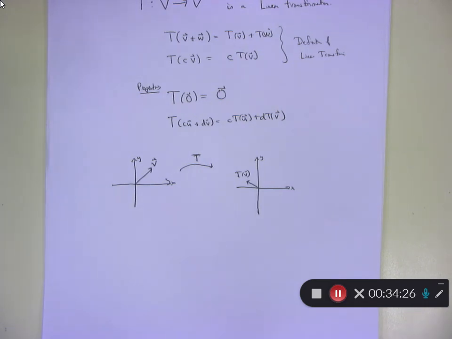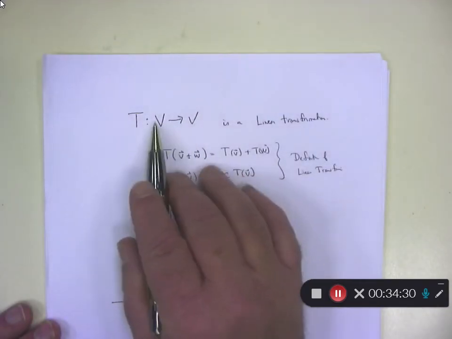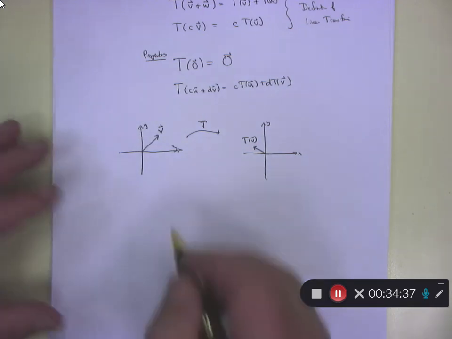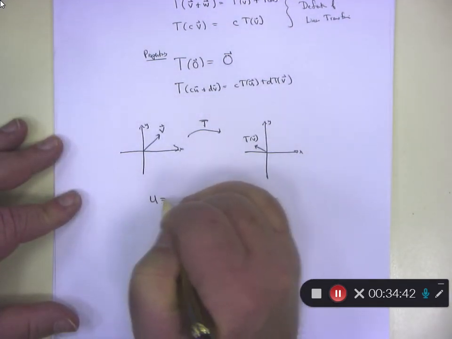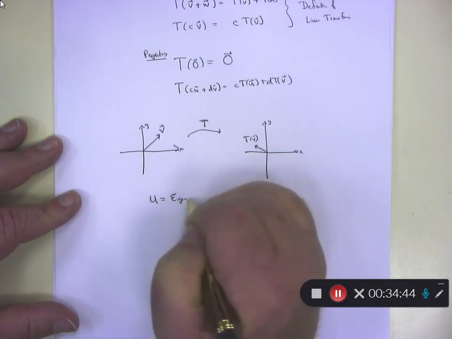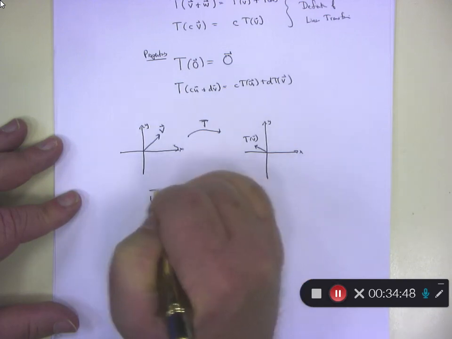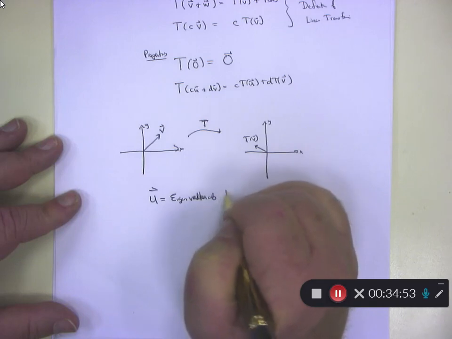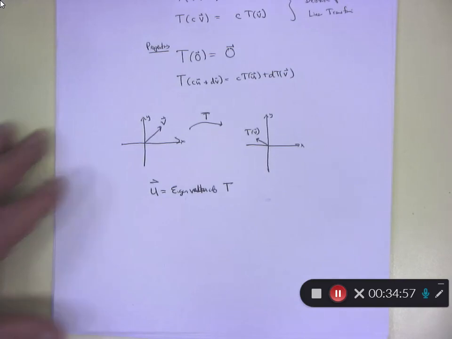Now, any vector space here is the same vector space when we're talking about eigenvalues. So let U be an eigenvector of linear transformation T. This is a vector here.